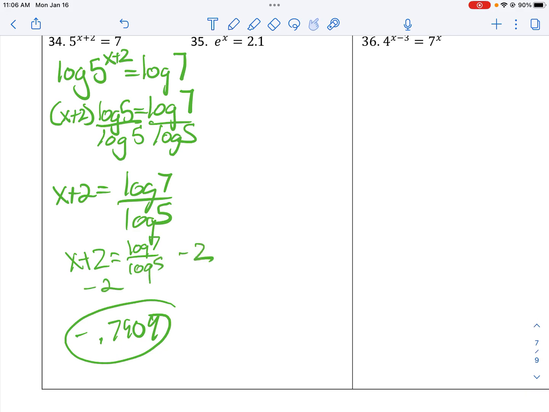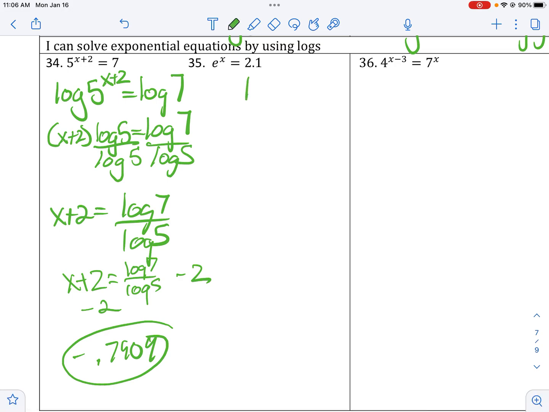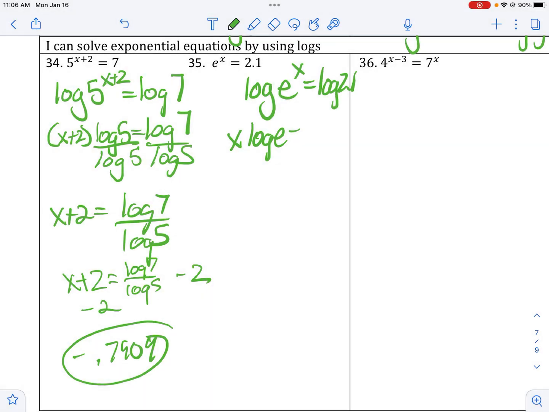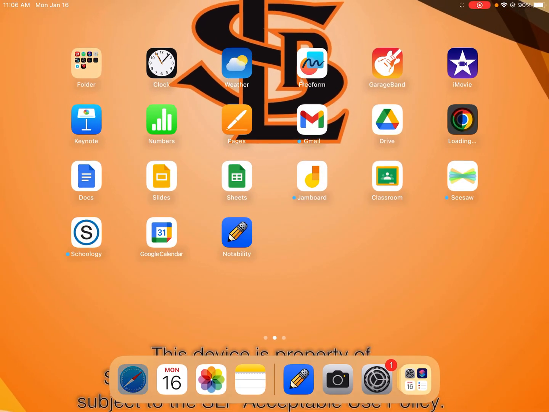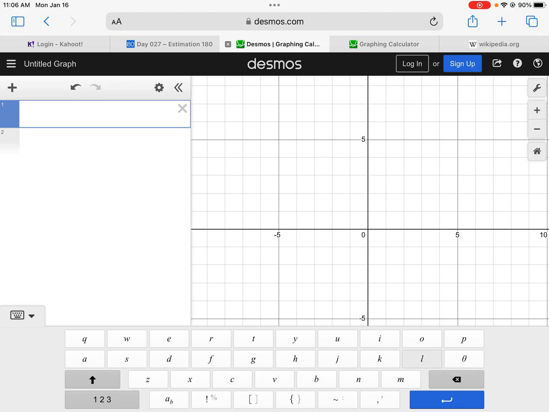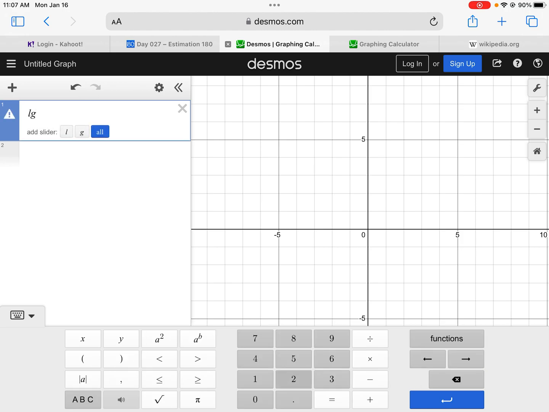This next one has an e, but remember e is just a number. So I'm going to do the same thing. e to the x equals 2.1, so we log both sides. So x log e equals log 2.1. Divide by log e. So x equals log 2.1 divided by log e.